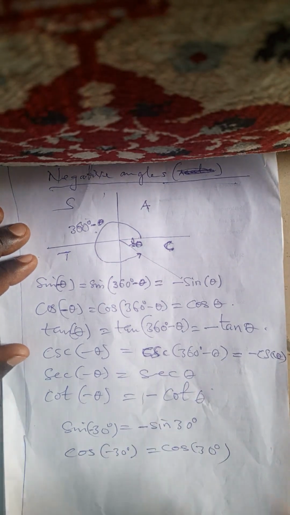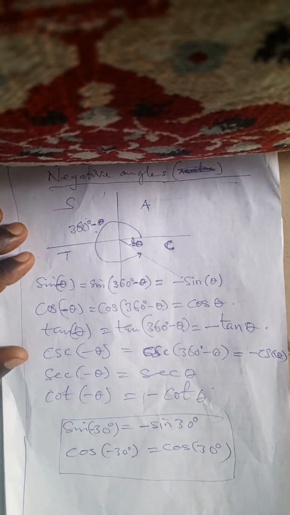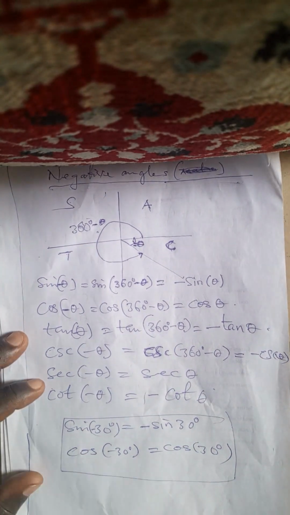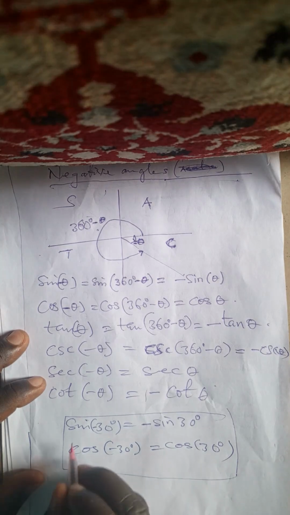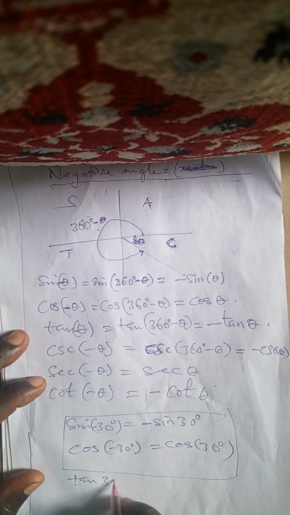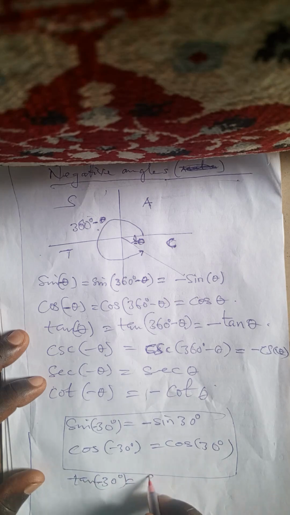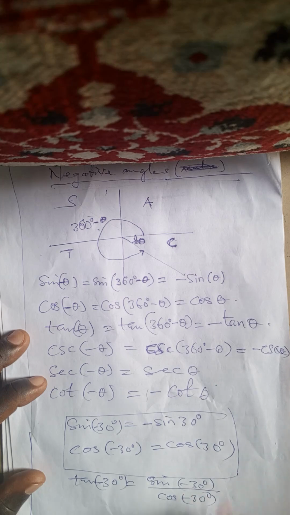So for other angles, it's always the same. For all angles theta, this is just a particular case, for example. And then what about the tan? For the tan and cot it is the same. Tan of negative 30 degrees is the same thing as sine of negative 30 degrees over cos of negative 30 degrees.